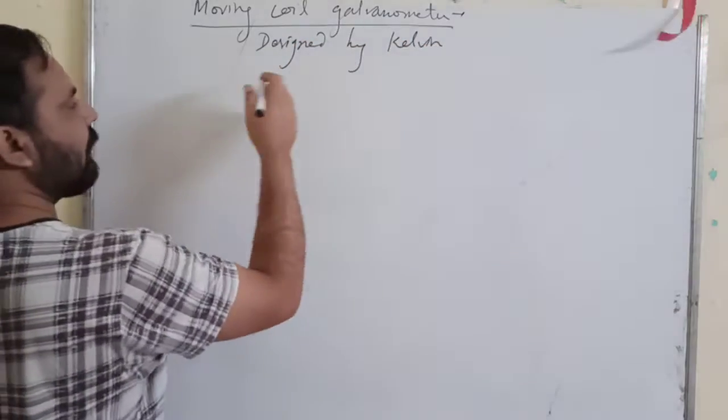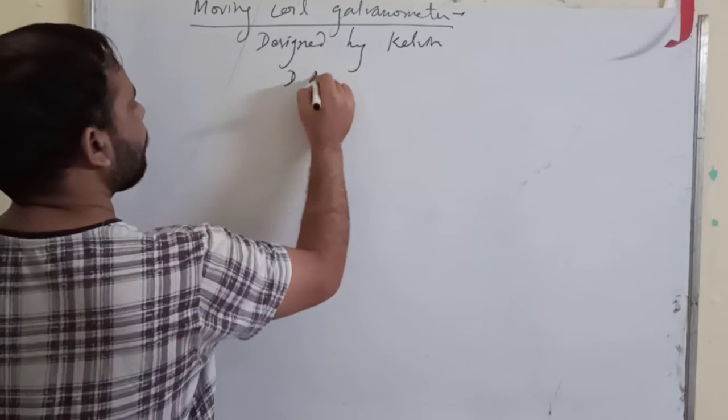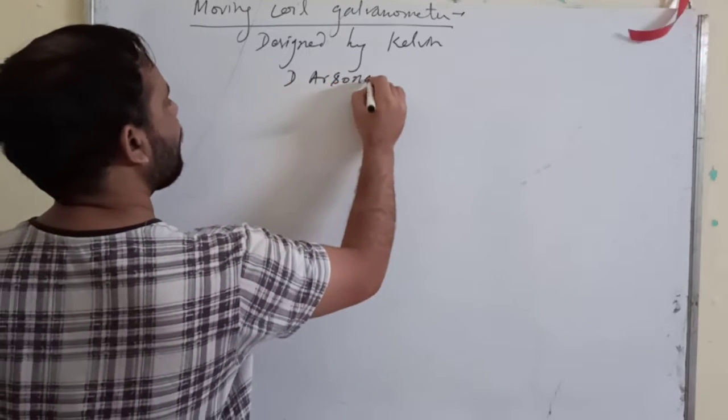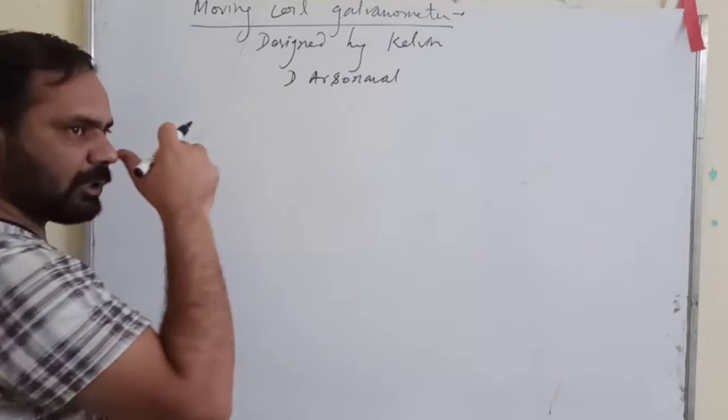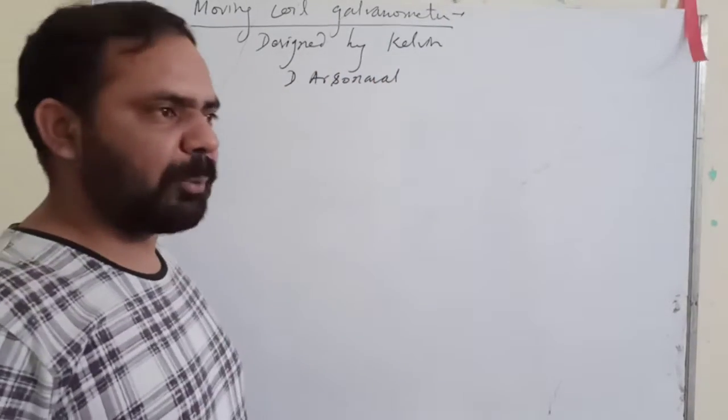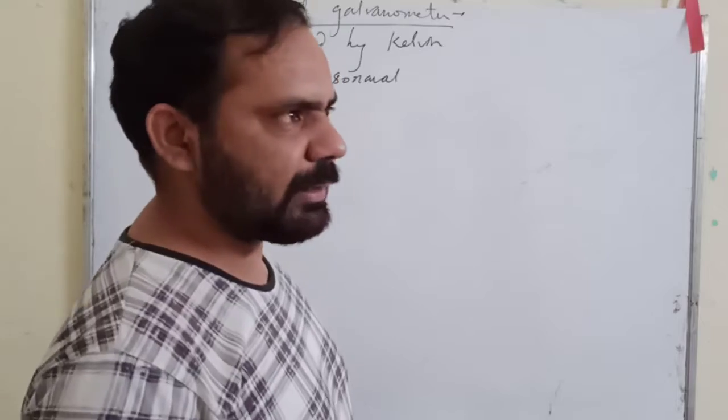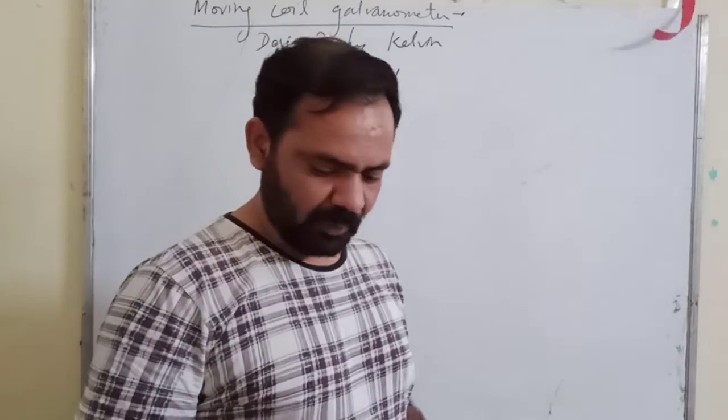It was designed originally by Kelvin, but later on was improved by D'Arsonval, and is also called the American type of galvanometer.